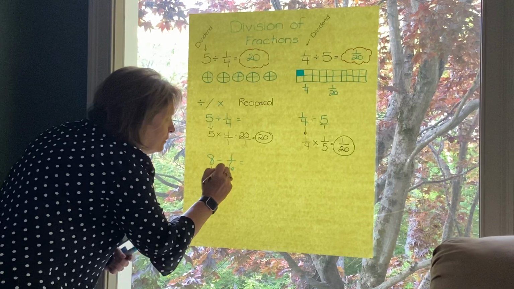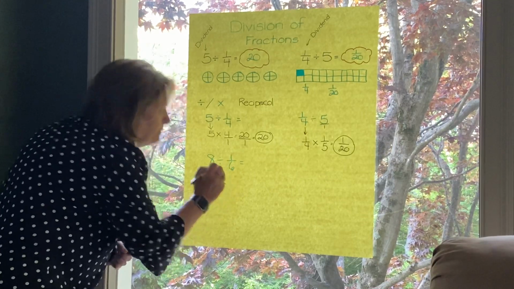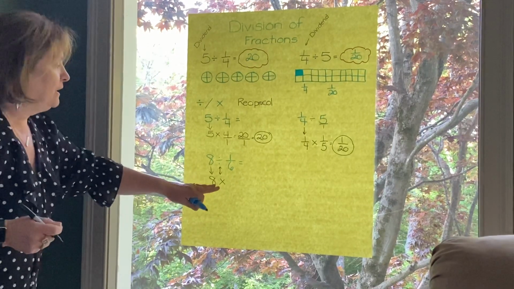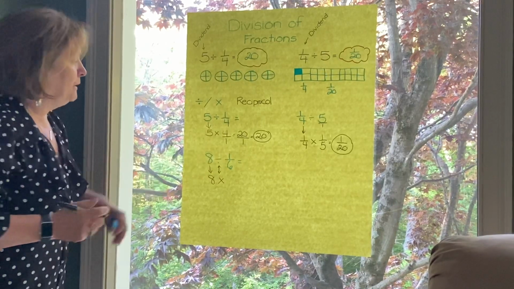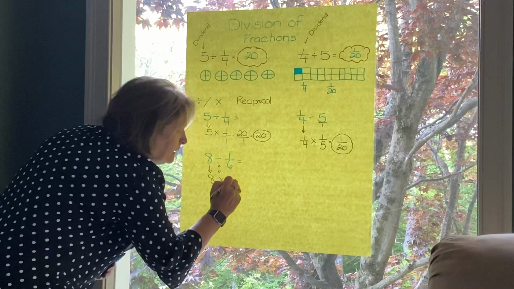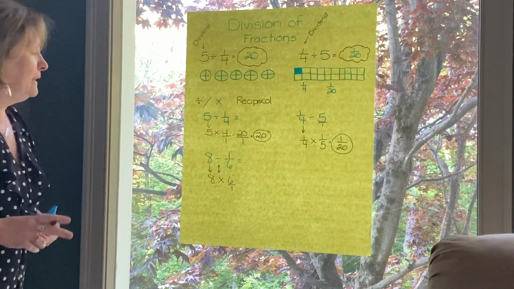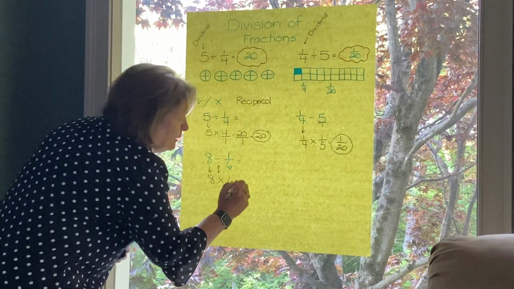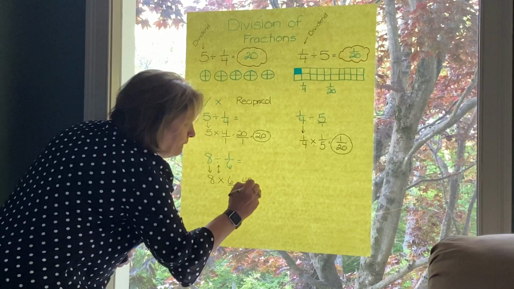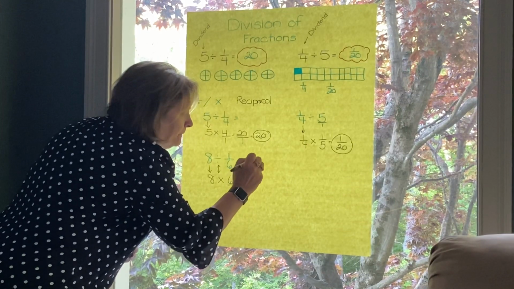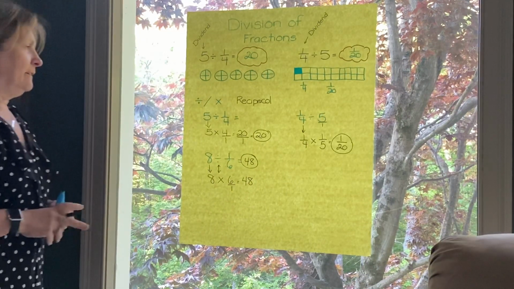We change this to multiplication. And since we're changing this, we're going to flip this fraction to be 6 or 6/1. You can write that either way. And so we know that our answer is then 48. We can fill it in there.